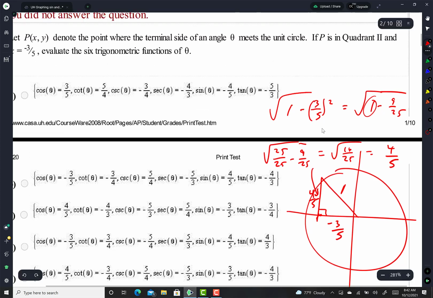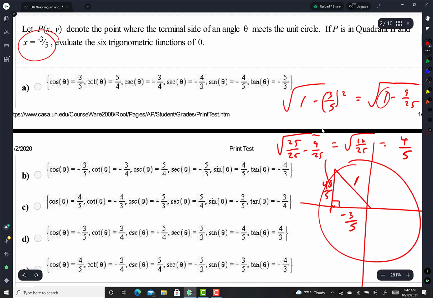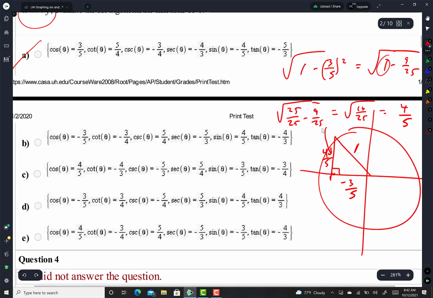First of all, you can always delete answers that are not right. It says x is negative 3/5, so cosine has to be negative 3/5. If you don't see cosine negative 3/5, delete it right off the bat.